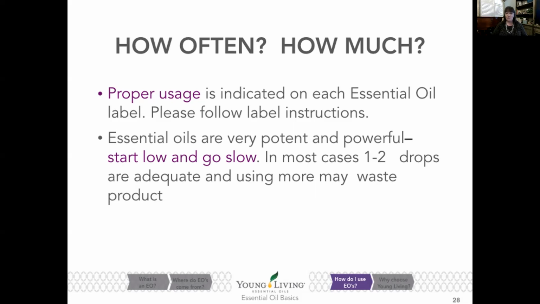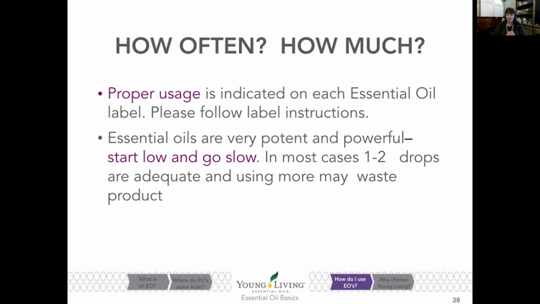So, what low and slow means is you're going to take your oil and put a drop in your hand. We rub our hands together, and then before you breathe it in, start down close to your belly button and have your hands cupped, but start down low and start taking deep breaths, and then slowly move it up as you take deep breaths. This way you will not be overwhelmed by a new scent.